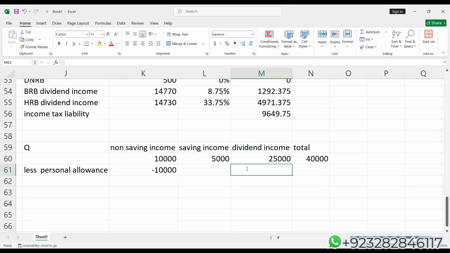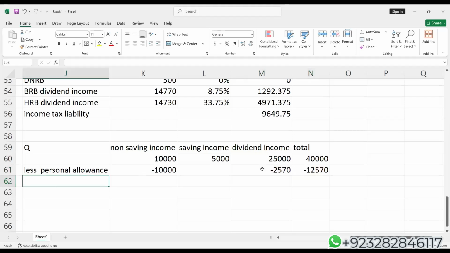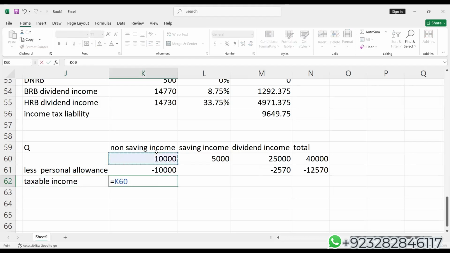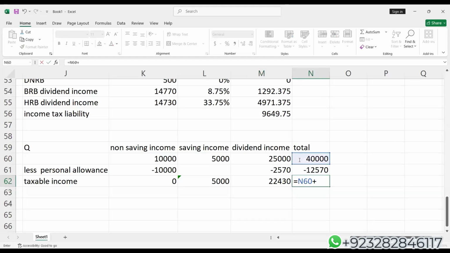So this was a catch here. So we'll deduct 2,570 from here. Now taxable income: 25,000 minus 2,570, 40 minus this.